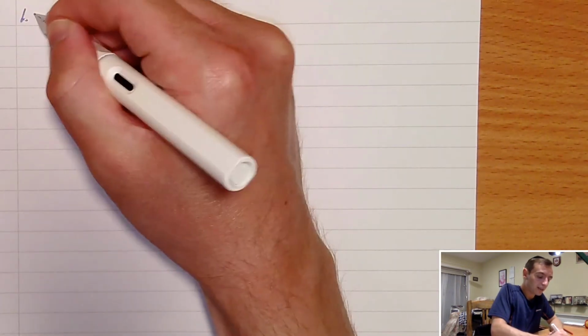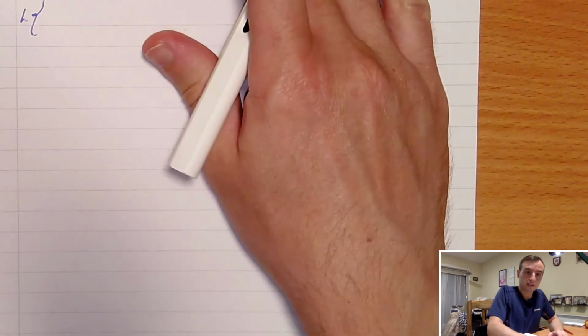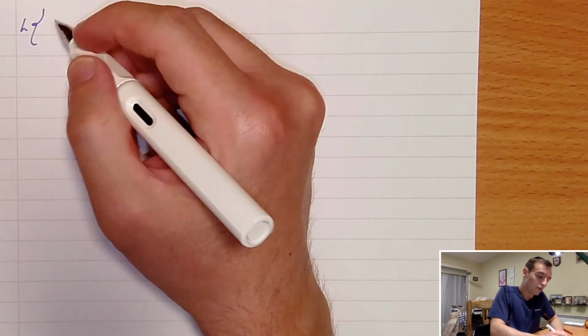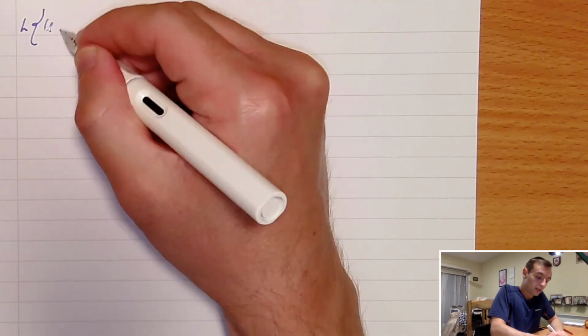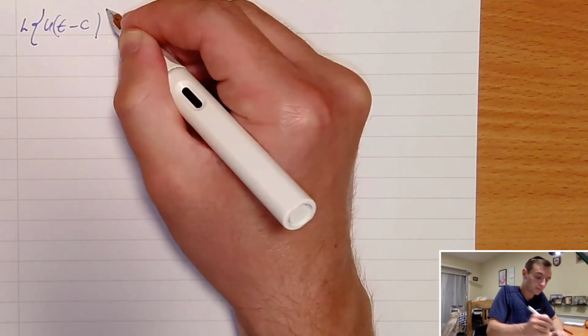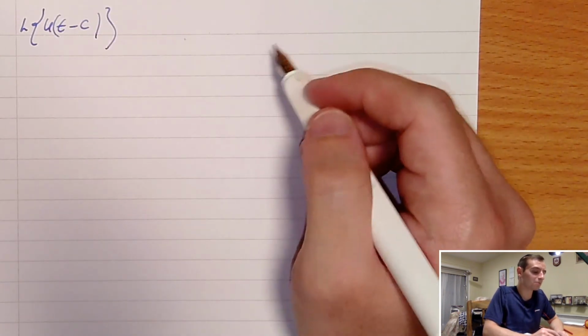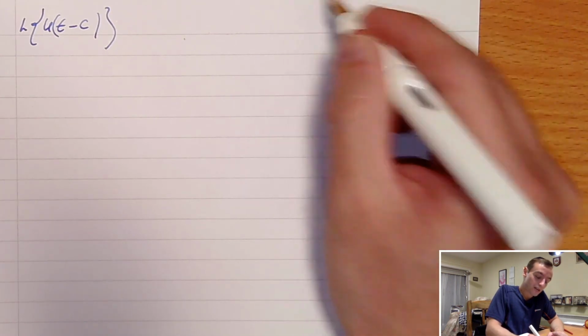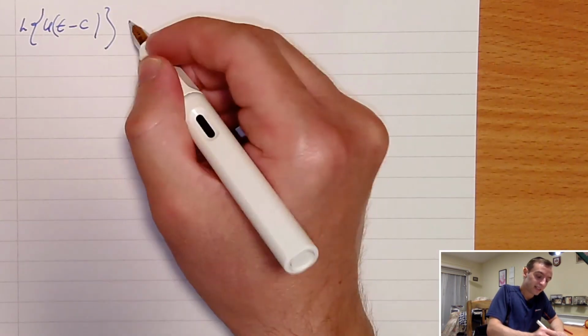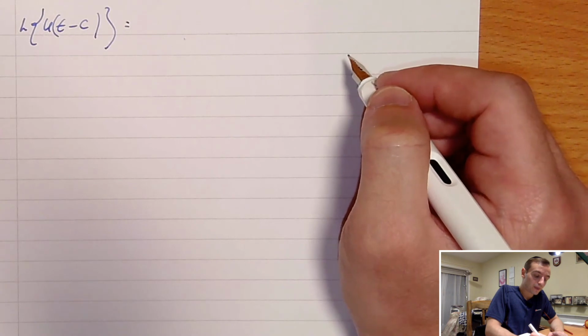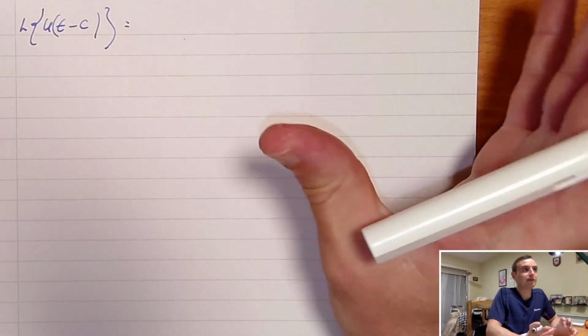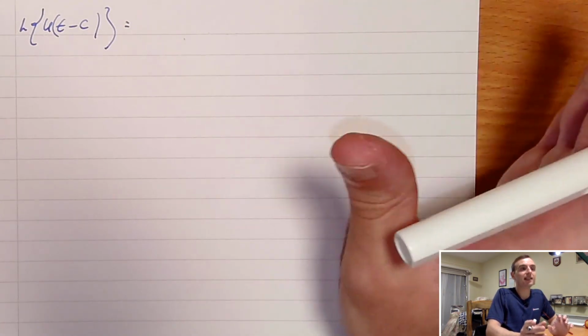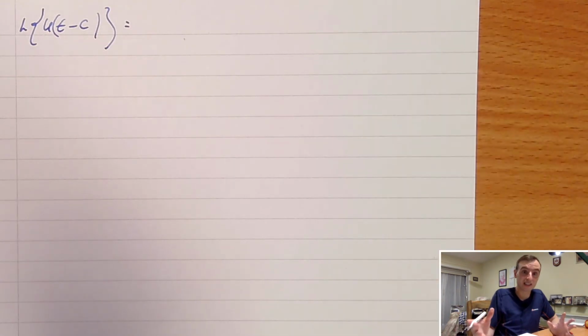So if we have a look, say, the Laplace transform of u(t minus c). If you're very smart, you probably know what it is already, but let's have a look. So the Laplace transform of u(t minus c), remember, just try thinking about it a bit abstractly. u(t minus c) just turns on the function at c.